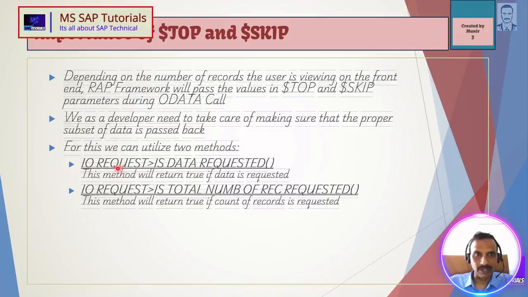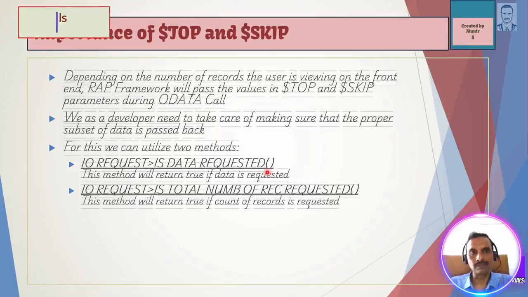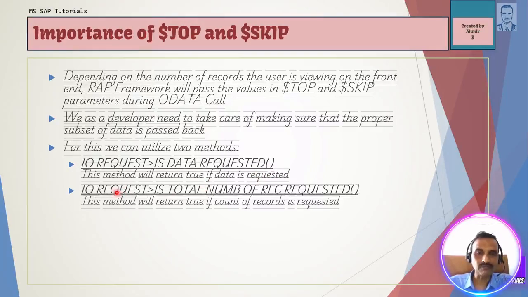For that, we already have two methods. The first one, which we saw in our last session, is data requested. This will tell me whether the actual data is requested, yes or no. There is one more method called is total num of rec requested. This method will tell us whether the $count is requested, yes or no.